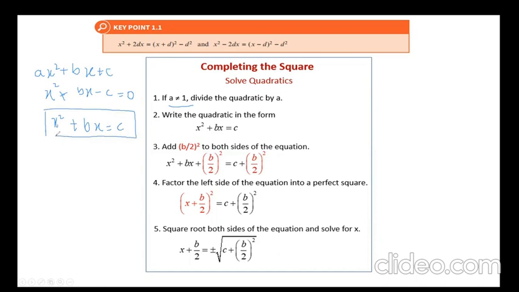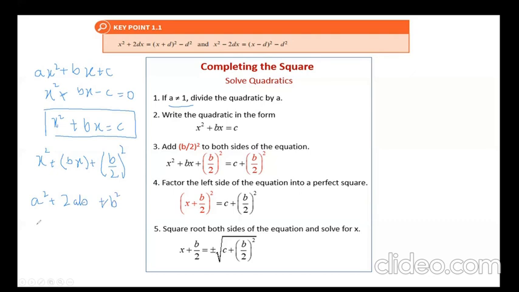Now, this is the first term, that is x square. This term is 2ab, and the third term, that is the square term, is missing. So this must be b by 2 whole square. Why b by 2? Because as we know, a square plus 2ab plus b square.